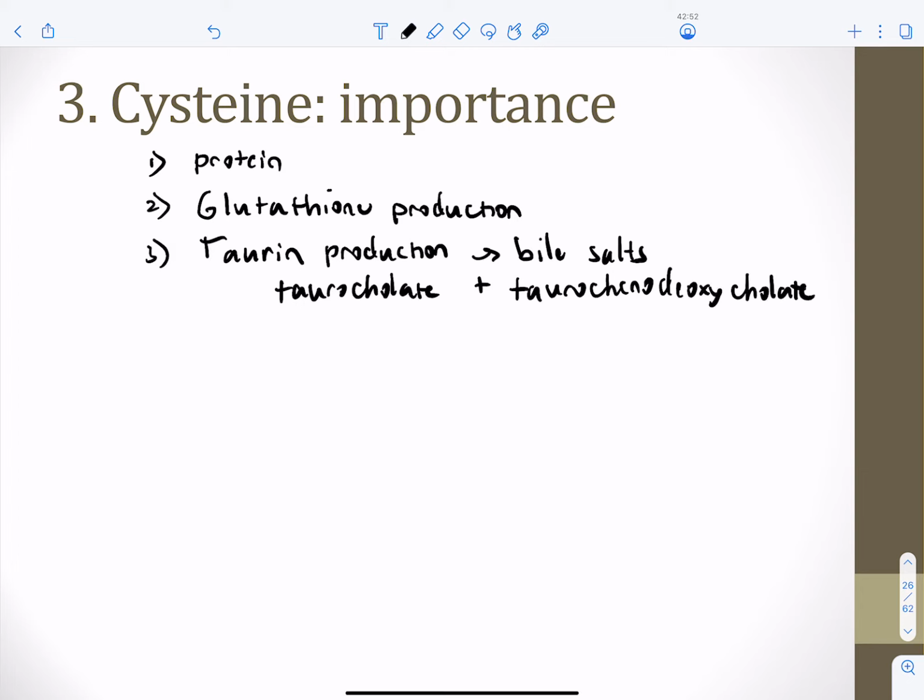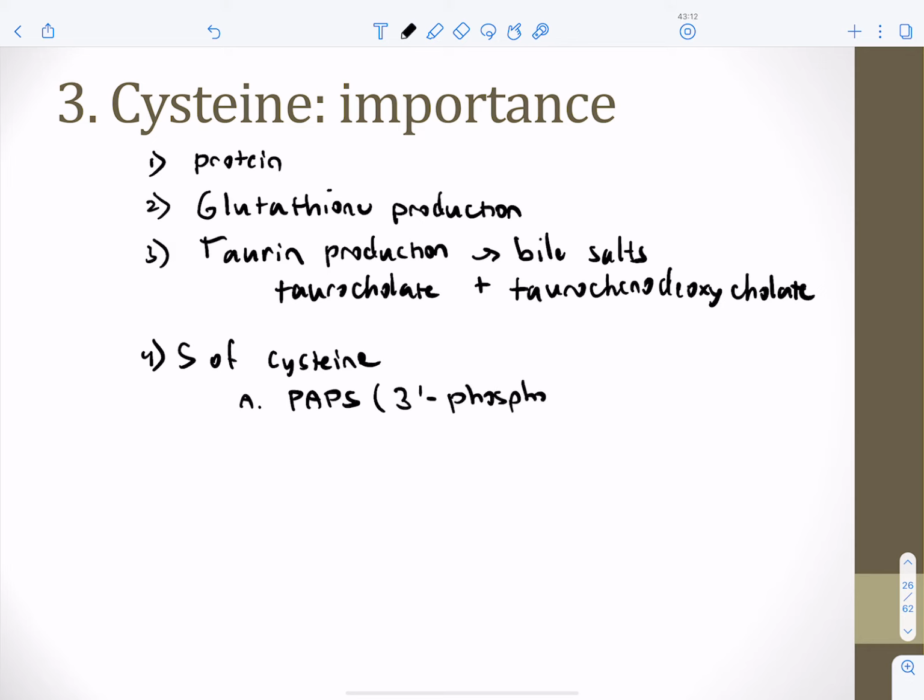Okay, and then we have the sulfur of cysteine. And that is going to be important for a few different things. This is going to be important for the formation of something called PAPS, 3-phosphoadenosine phosphosulfate.